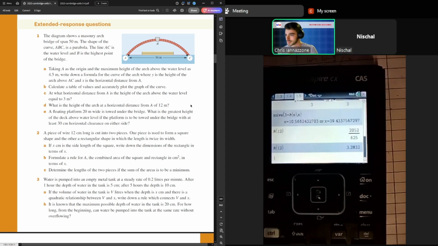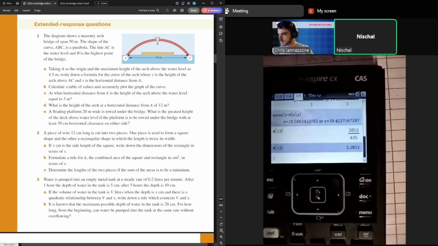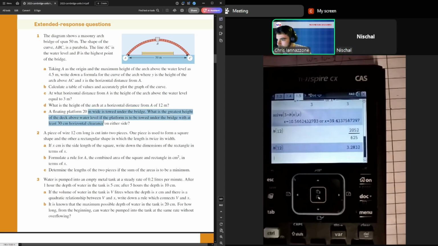Okay, that's that. E. So it's assuming it's directly under the midpoint, I guess. Flying platform, its greatest height above the deck.